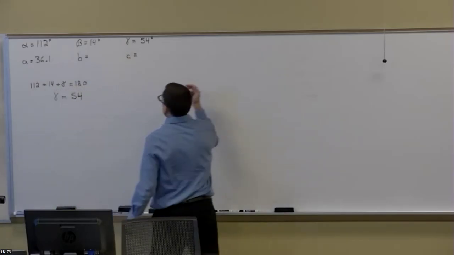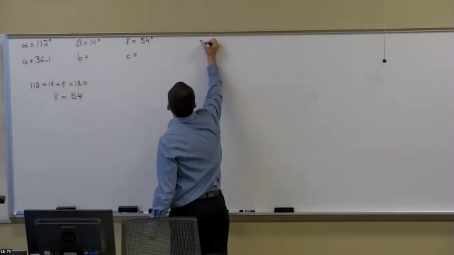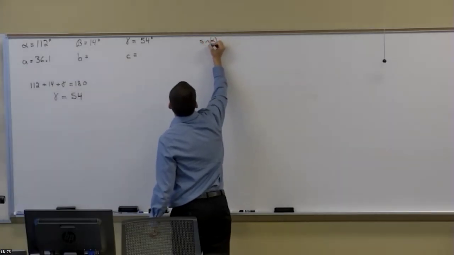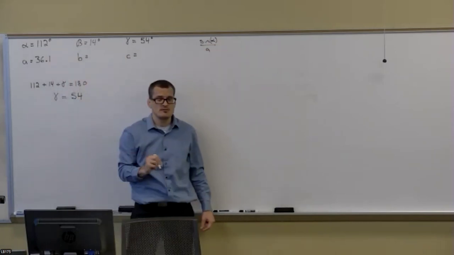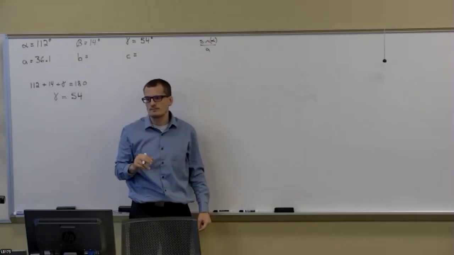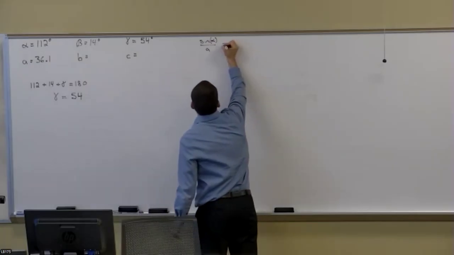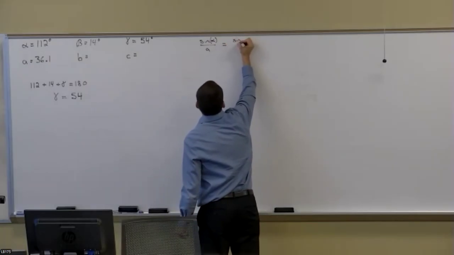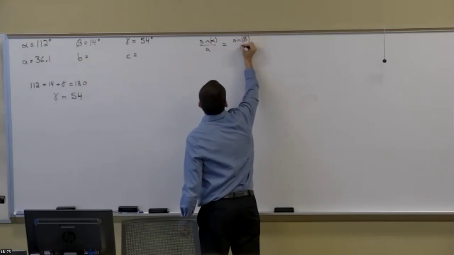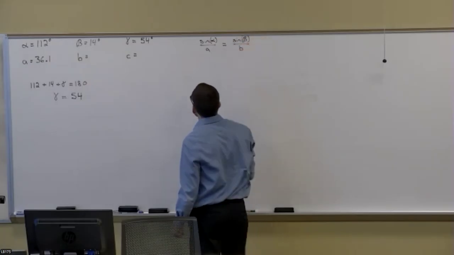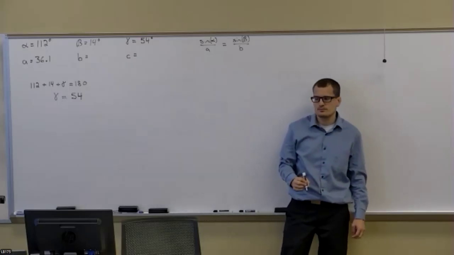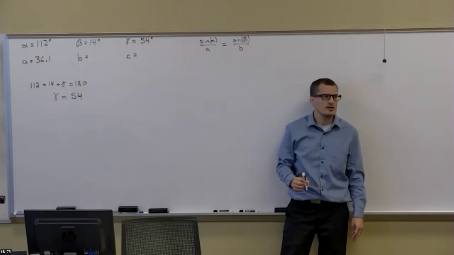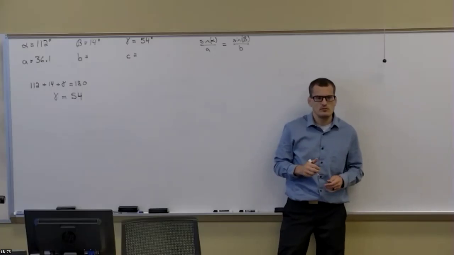So let's find the B first. To find the B, we'll use the sine of alpha over A ratio, because I'm given both of those values. Set equal to the sine of beta over B. Everybody okay with that? I know one of the ratios, so set it equal to one of the unknowns.